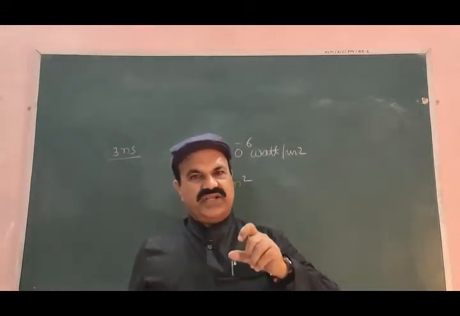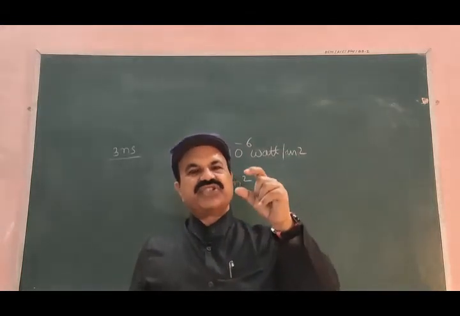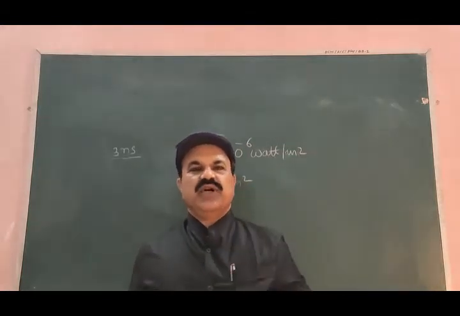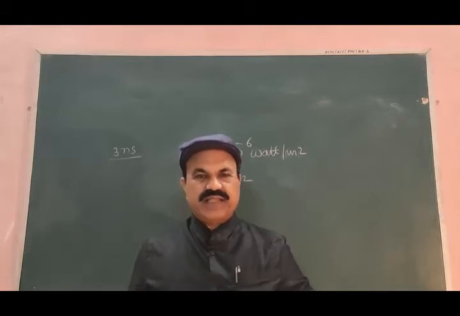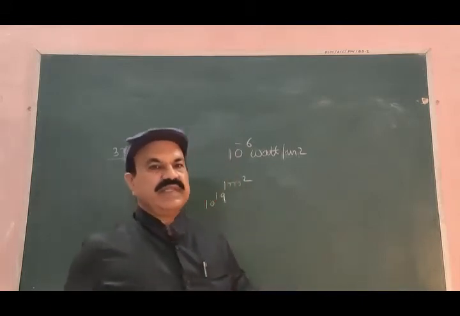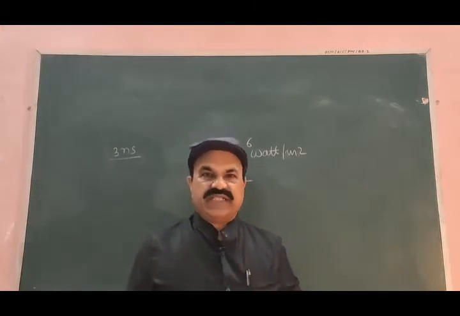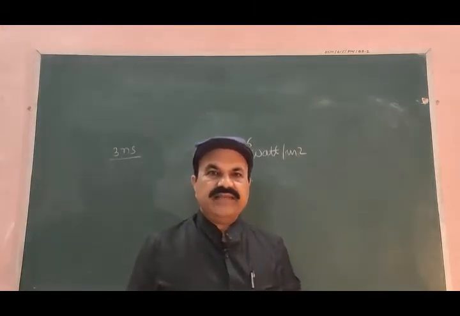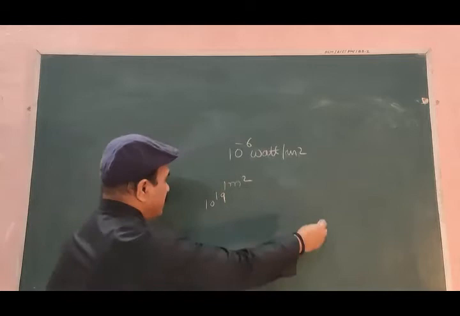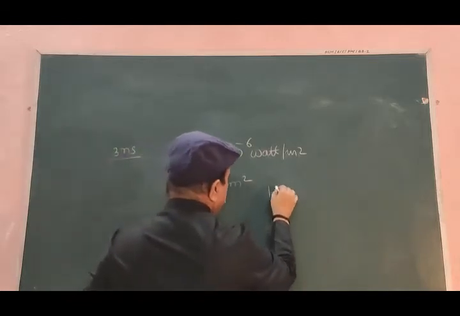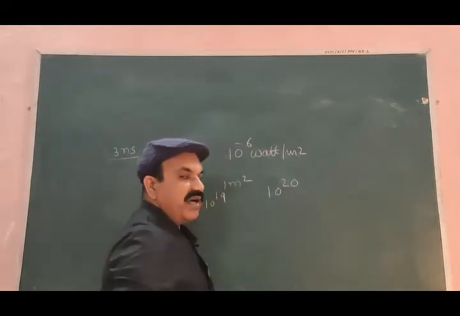Let us consider the uppermost 10 atom layers of the sodium supposed to absorb the intensity of light falling on the sodium metal. Then the number of atoms will become 10 to the power 20.